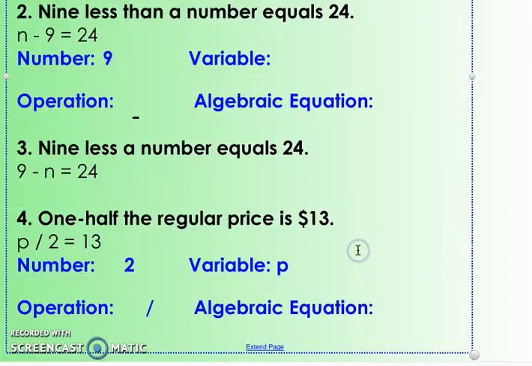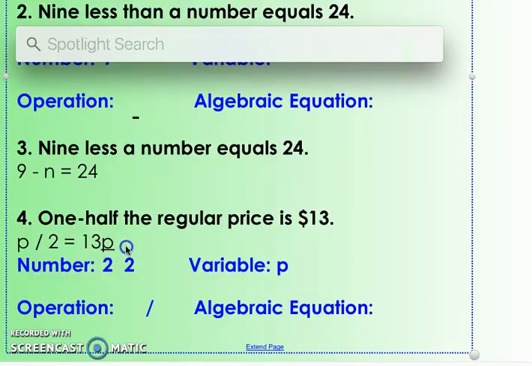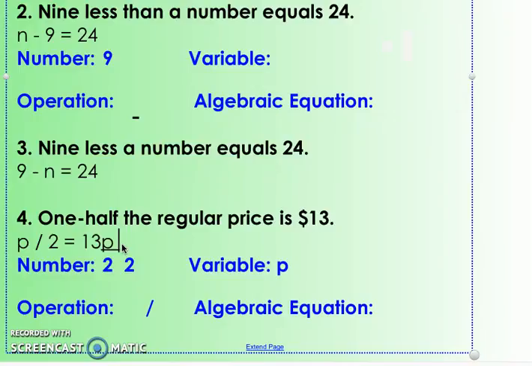Now remember, you can write it like that, or you can put P on top and 2 on the bottom, and that means exactly the same thing. If I write this, it would be P divided by 2 is equal to 13.